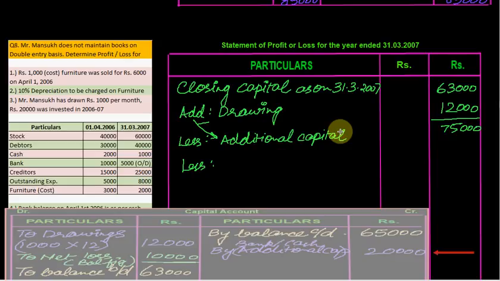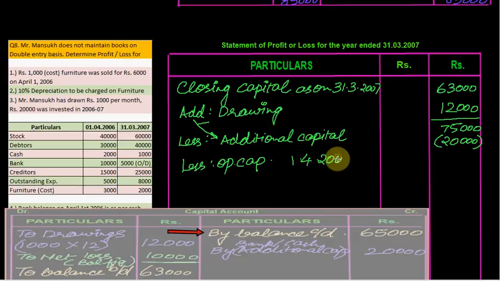Less what? Additional capital. That we have seen, the capital introduced during the year, additional capital is 20,000, and that we have to subtract, less 20,000. And then less what remains? Opening capital, that is capital at the beginning, on 1/4/2006.